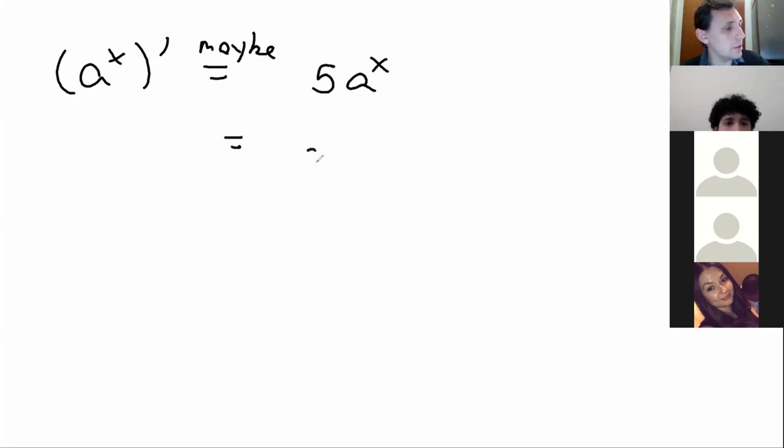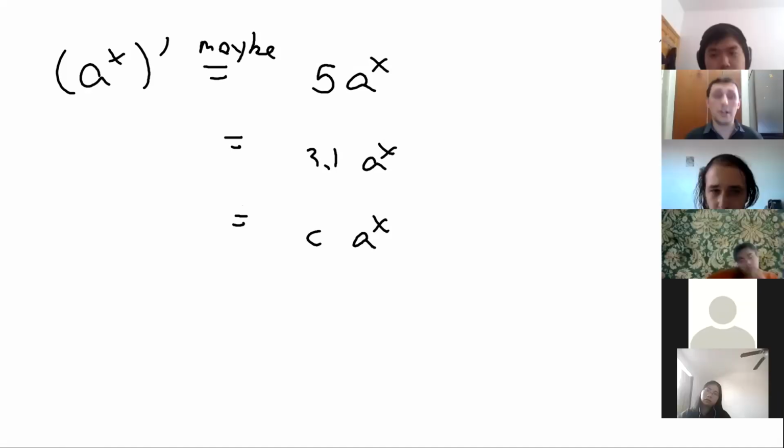Or maybe 3.1 a to the x. Or in general, some scalar times a to the x. It's not very different from the original function. I did not solve that derivative, but I know that the derivative is not very different from the original function. Do you understand?